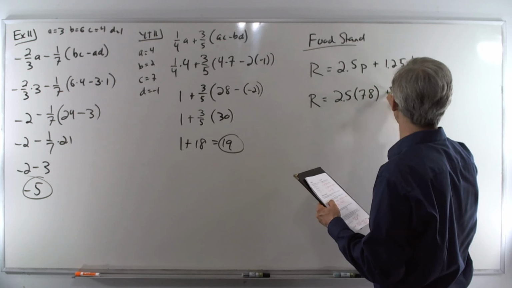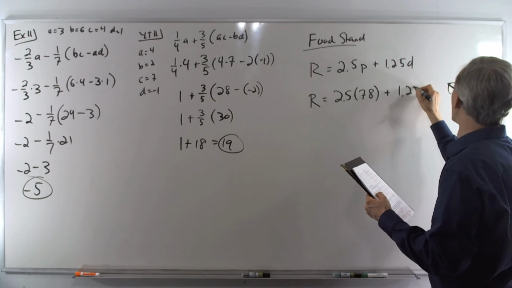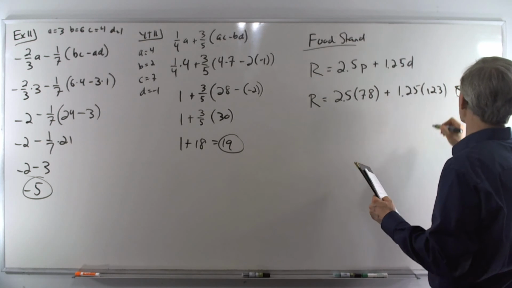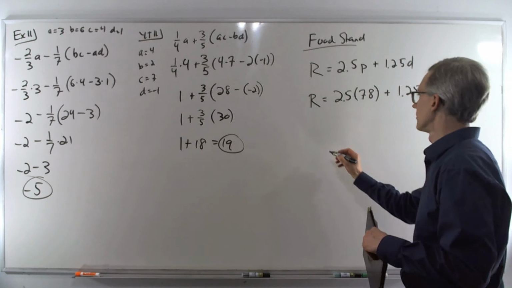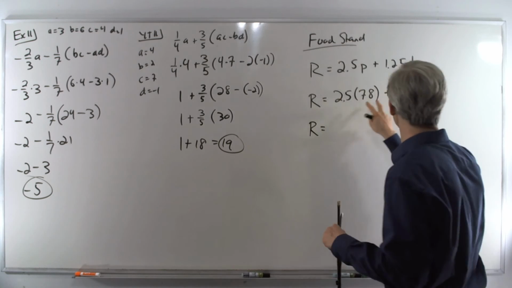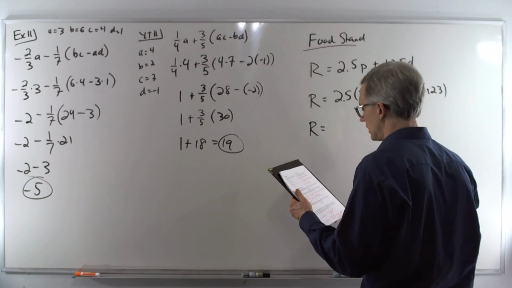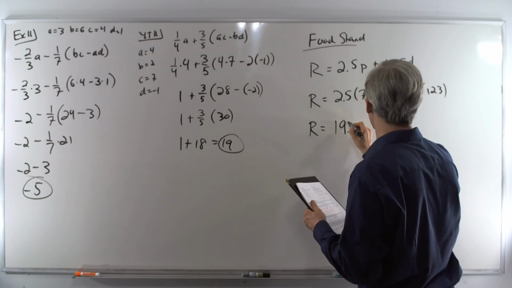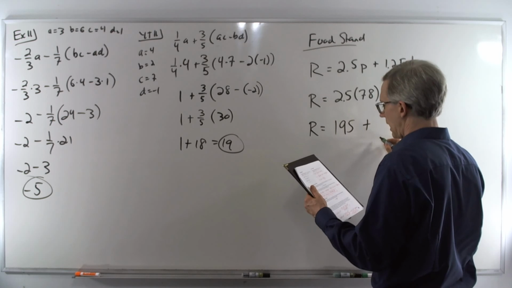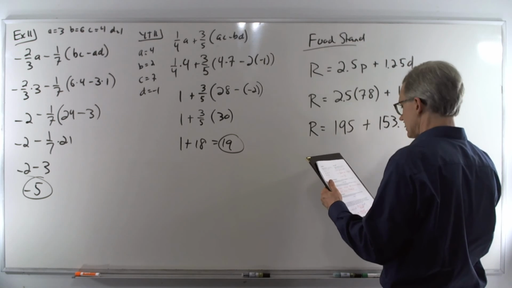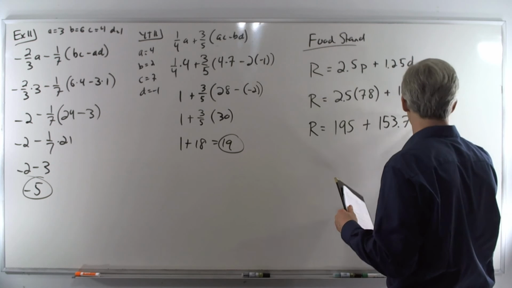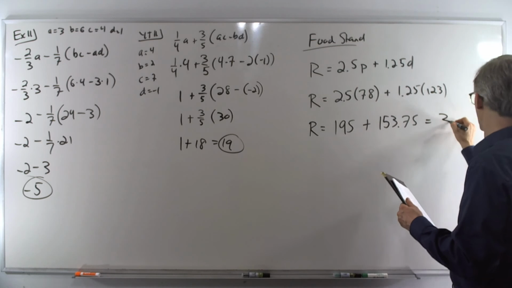So 2.5 times 78. And 123 drinks were sold. 1.25 times 123. And multiplying this out, order of operations, we can do the 2 multiplications. That gives us 195 revenue for the pretzels and 153.75 for the drinks. Adding them all together, that gives us 348.75.